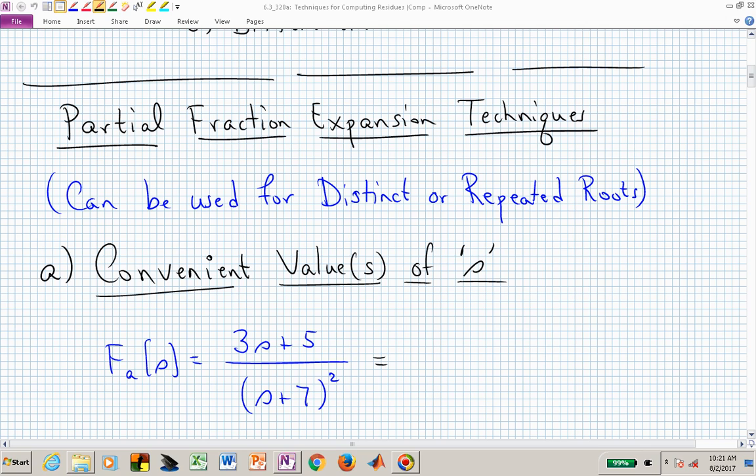It's going to be a sub 1 over (s plus 7) squared plus a sub 2 over (s plus 7). We only have that one factor. It's repeated twice, so we end up with 2 terms in our partial fraction expansion.